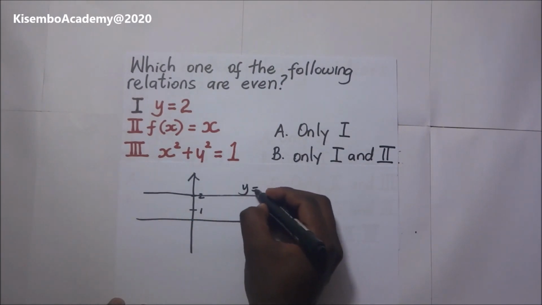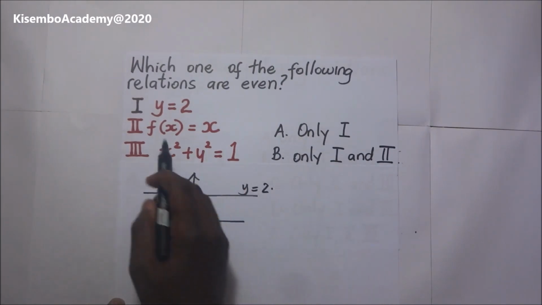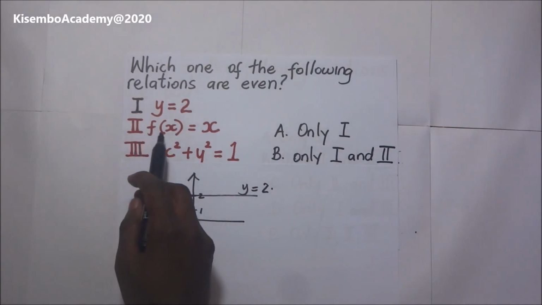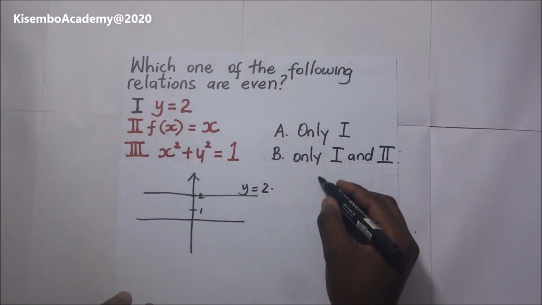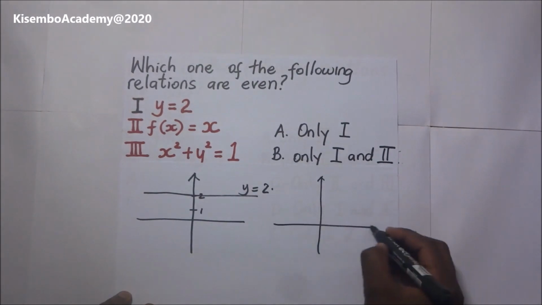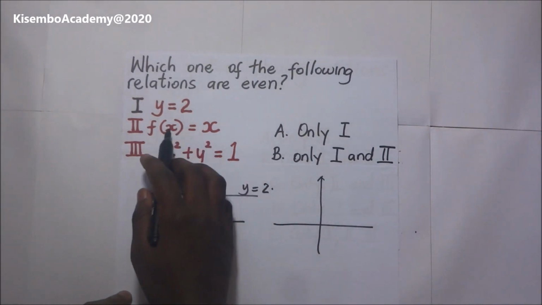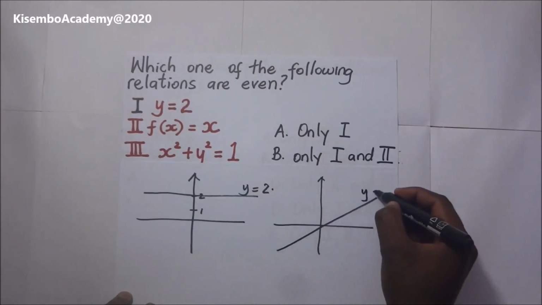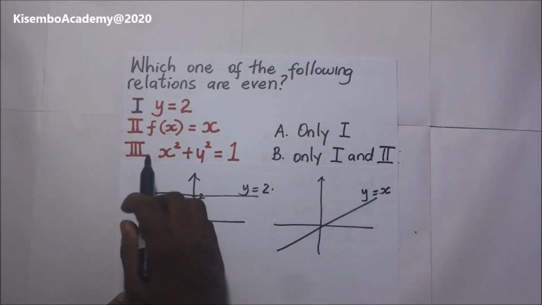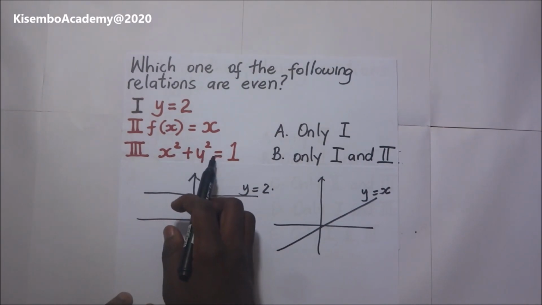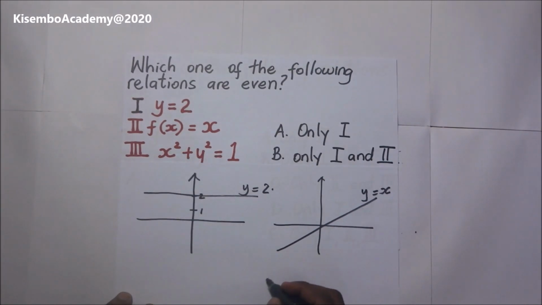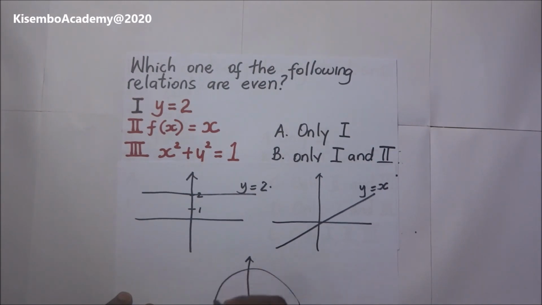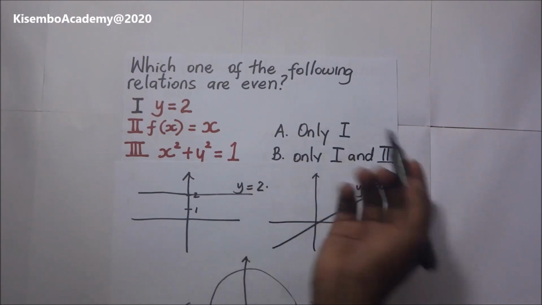Then f of x is equal to x, or the graph y is equal to x, looks like that. Then Roman 3, x squared plus y squared is equal to 1, is the equation of a circle, so it's going to look like that. The question is, which one of these is even?